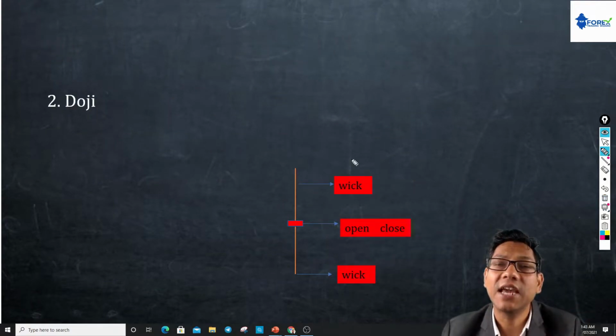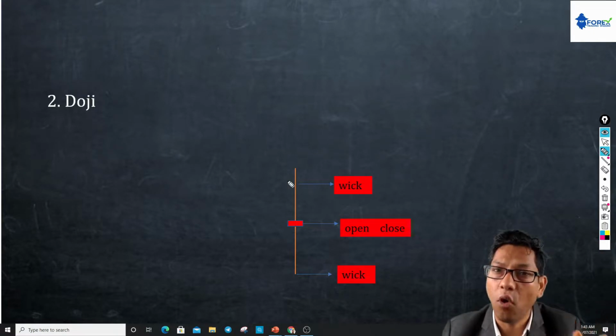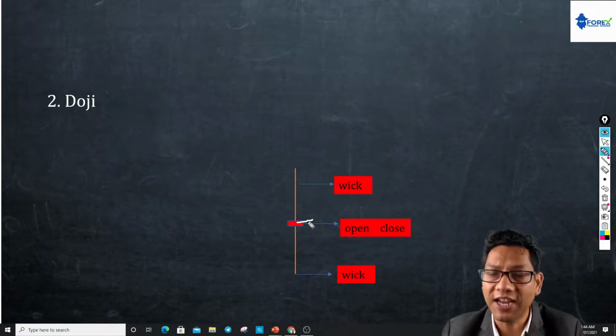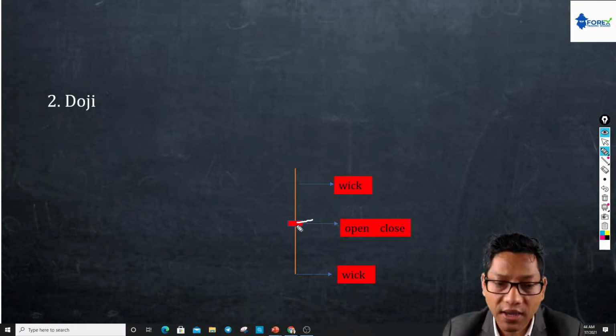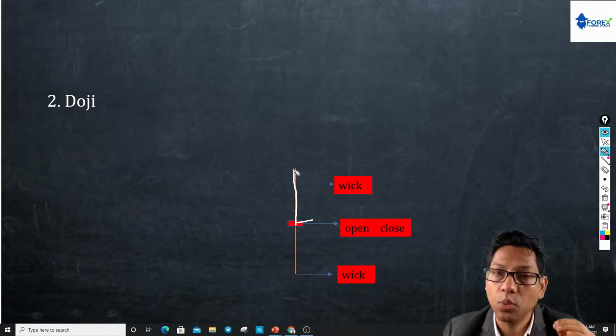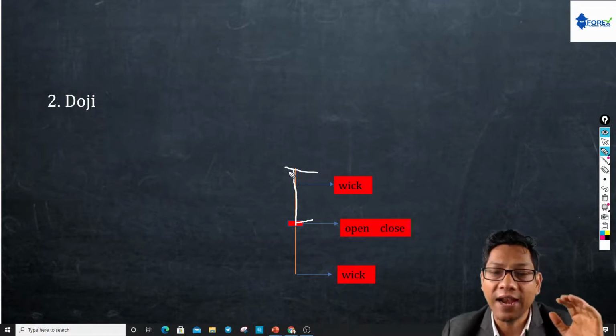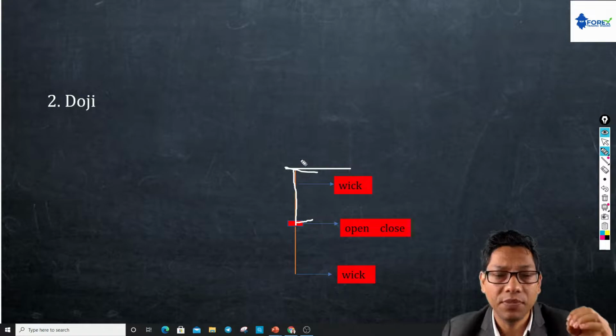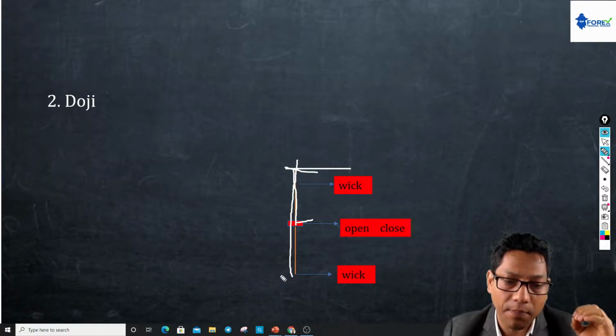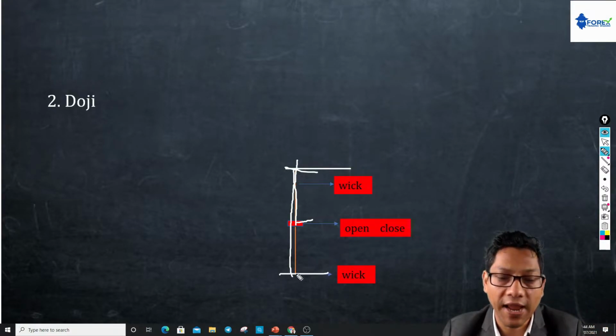The next candle type we will look at is called doji. So how is this doji formed? The doji is formed when the price opened here, and then what happened? The buyers came in the market. They started to buy. Then the price went up to this level. At this level, the sellers came and pushed the price way back below here. And from here, again, the buyers came and took control.